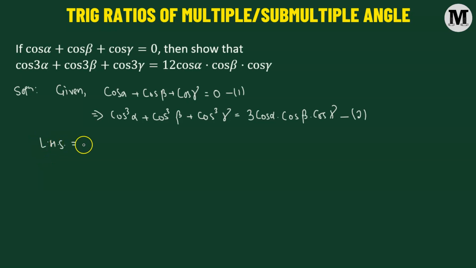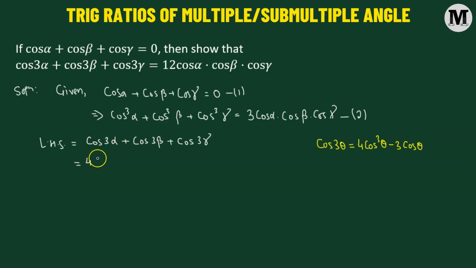Here we have cosine of 3 alpha plus cosine of 3 beta plus cosine of 3 gamma. Now, we know that there's a standard formula: cosine of 3 theta is given by 4 times cosine cubed theta minus 3 cosine theta. We'll use this formula to rewrite cosine of 3 alpha.